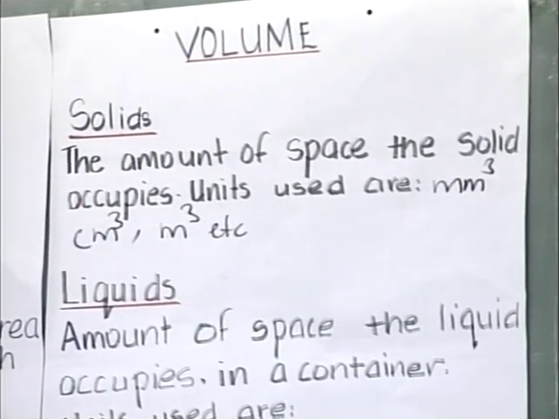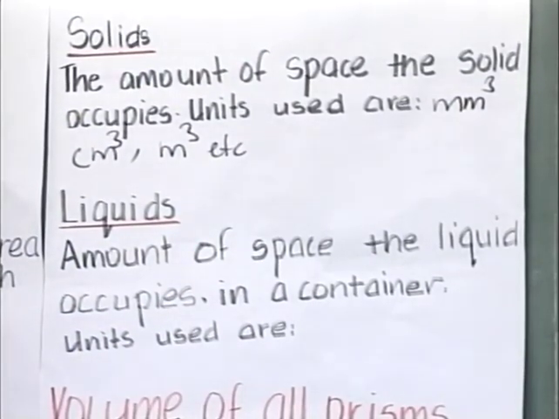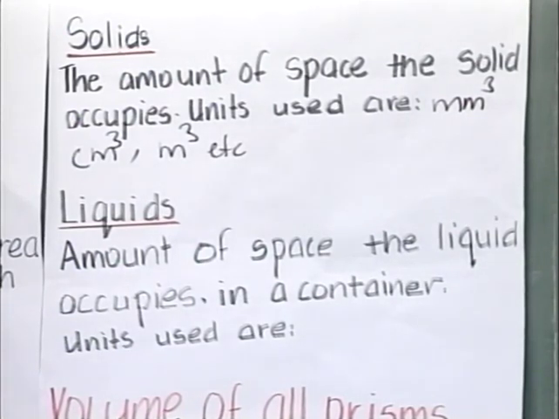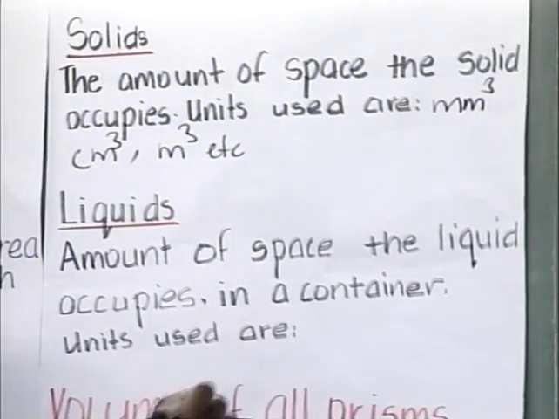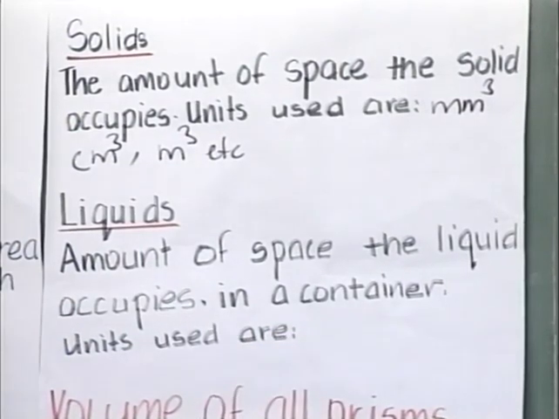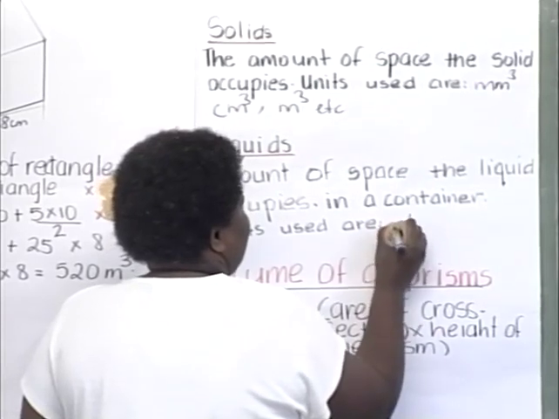Okay, for liquids, I've just said the volume of liquids is the amount of space the liquid occupies in a container. You all know that. Okay, units that are used are, Agnes, for volume of liquids. Milliliters.